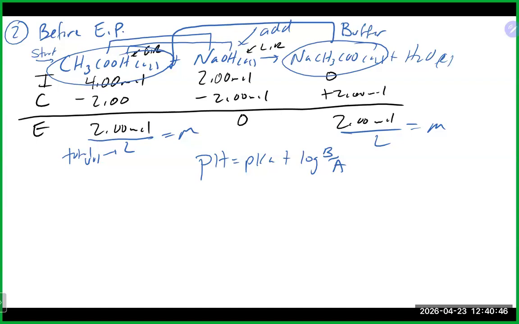Alternatively, you could do 2 ice tables. First ice table exactly like that one to get the molarity of your buffer components. Second ice table is like the ice table you would do if you didn't want to use the Henderson-Hasselbalch equation. And again, you would have an initial concentration on both sides and do your X's and solve for X and all that kind of stuff.